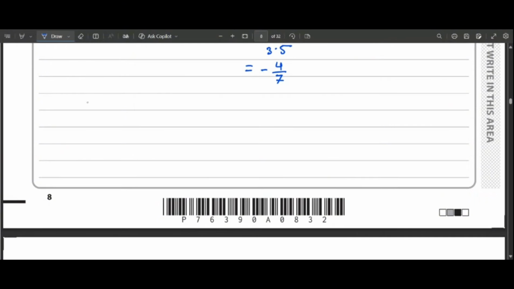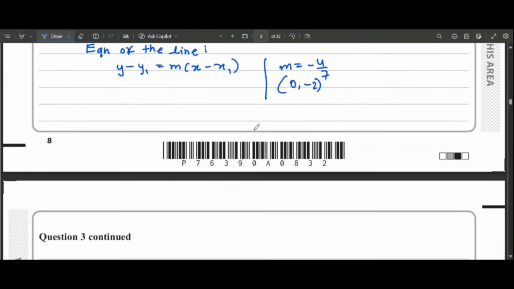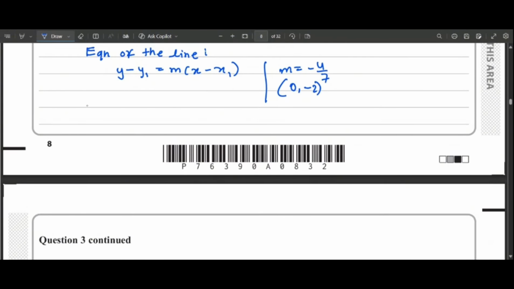Now we have to find the equation of the line, because the equation of the line will give us a relationship between log10 x and log10 y. We know the general formula to find the equation of any line is y minus y1 equals m(x minus x1). We know m is -4/7, and we also know a point on the line. Let's say the point I use is (0, -2).